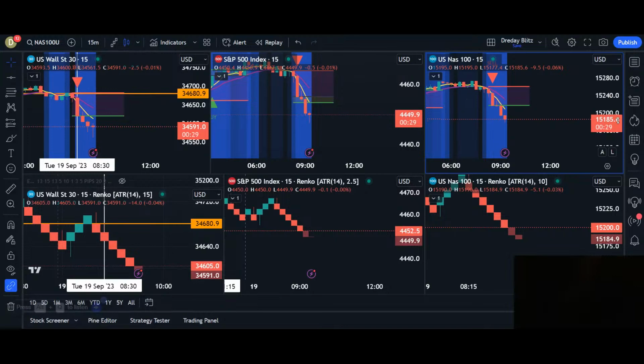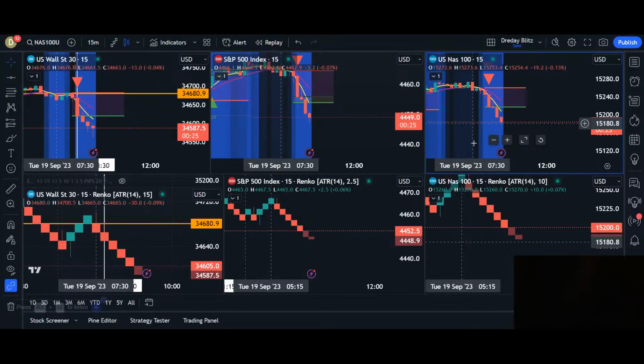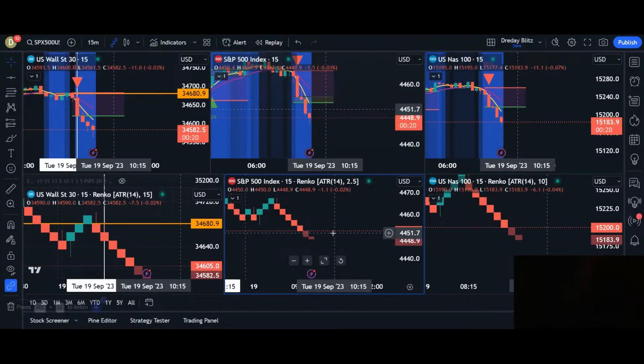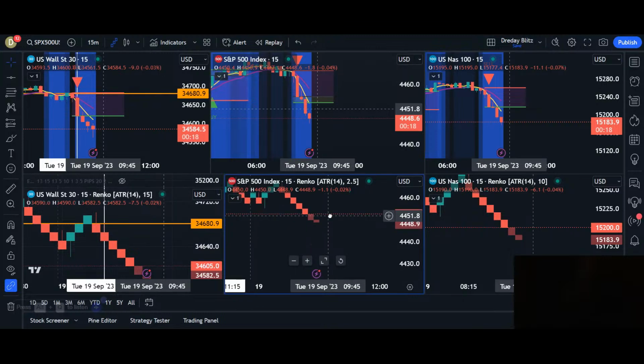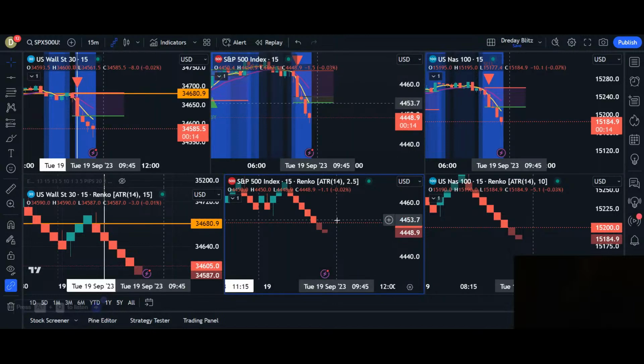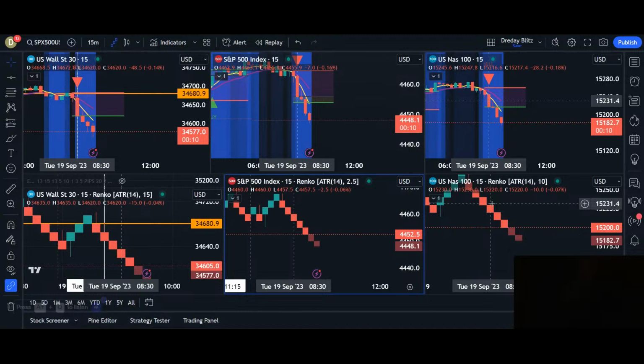So we may not have another entry on those indices, but we'll see. Seems to be bearish here for the rest of the day, but we'll see how the market opens. So we should be ready here to have the market open.